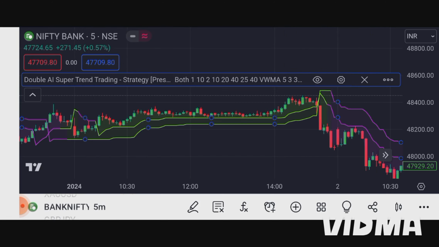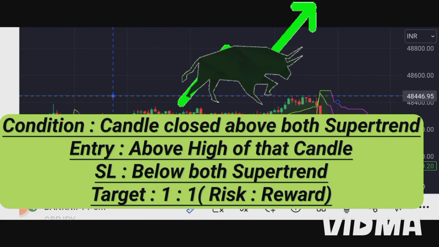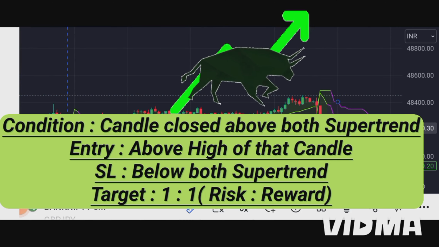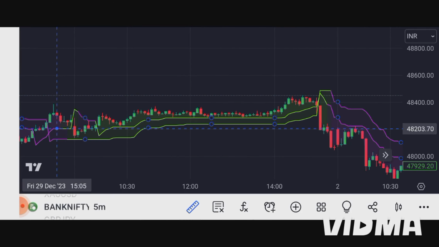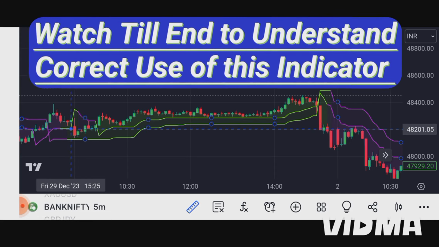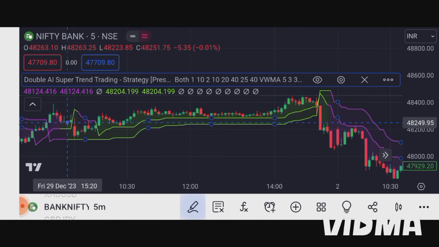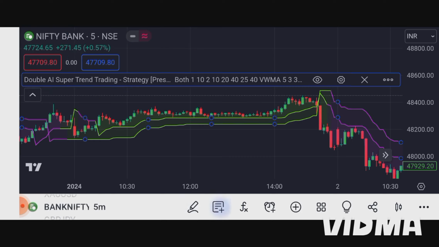So what is the strategy? First, whenever both Super Trend lines turn green, the price should be above both Super Trends. Here the first line is green, and the second is green too. So you buy above this candle, with the candle above both green lines.